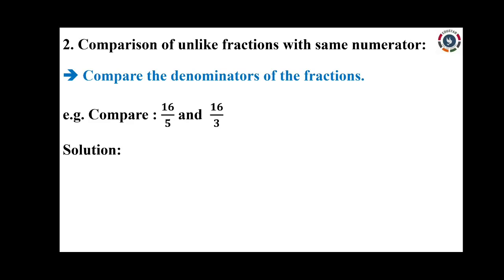Here the numerators are the same, so using the numerators we cannot compare. So, look at the denominators. Here the denominators are different, 5 and 3. So, using the denominators, we can compare.